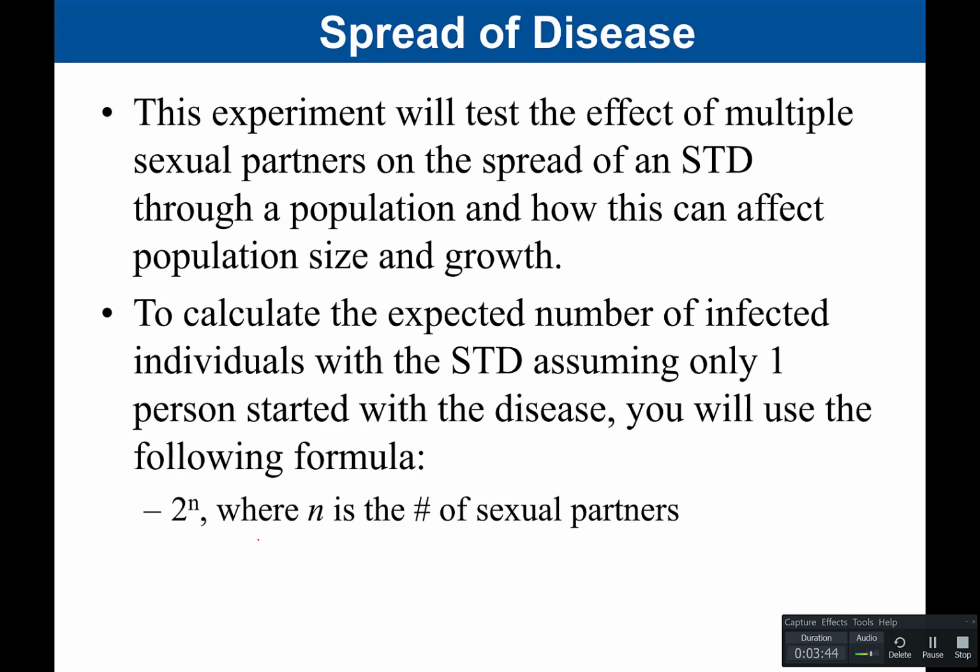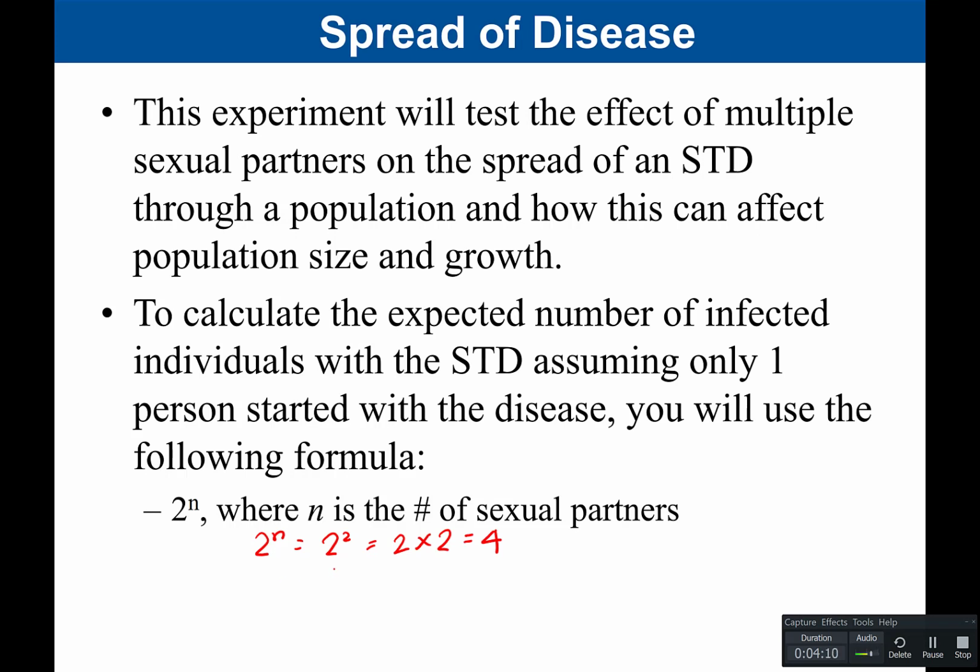The equation would be 2 to the 2nd power, which is 2 times 2, and we would expect that 4 people would have the disease after just 2 contacts. So if you only had 2 sexual partners, potentially 4 people could end up with the disease.